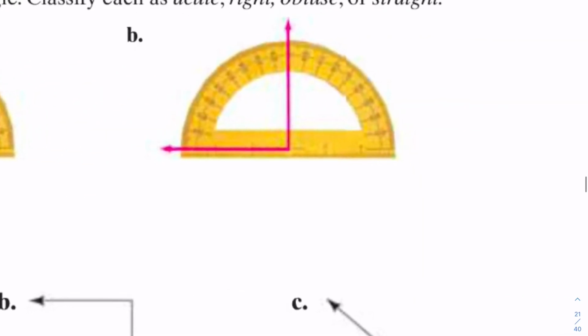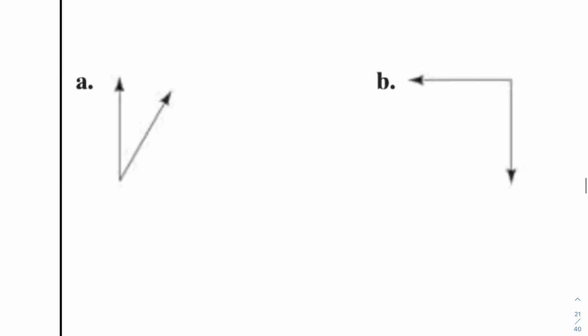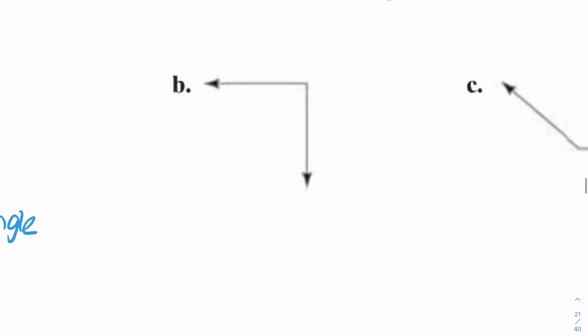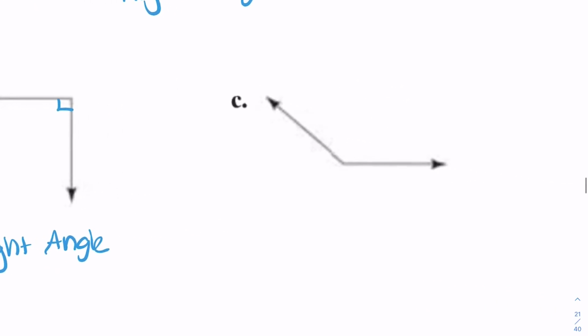This one, by appearance, appears to be a right angle. This one appears to be an acute angle. This one appears to be a right angle. Again, I'm basing this on the measure being about 90. And then this one appears to be an obtuse angle.